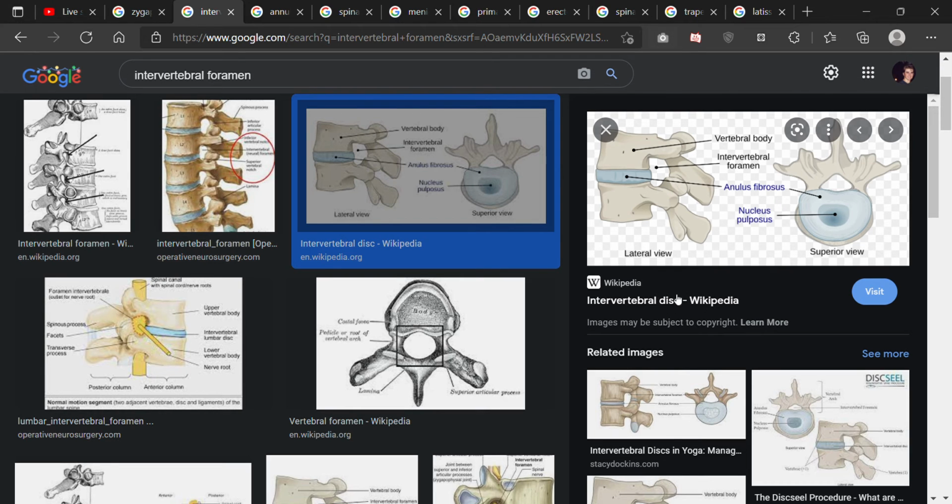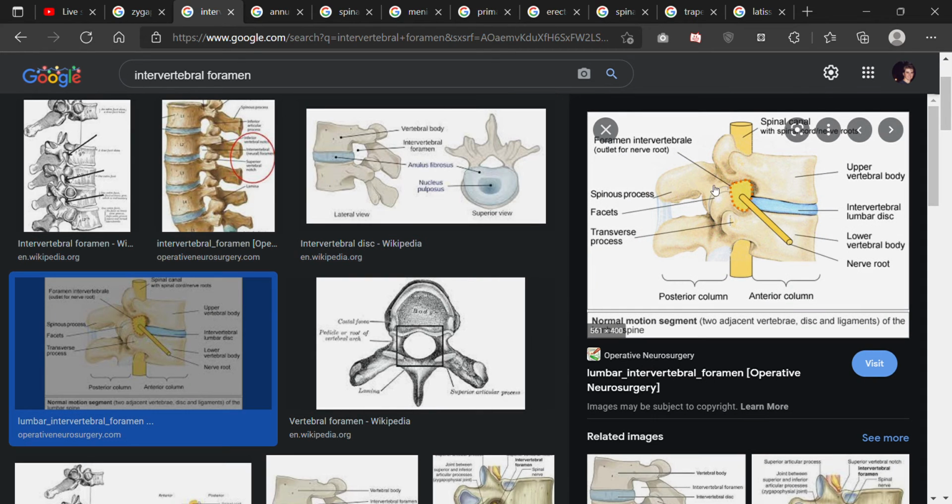The spinal cord runs up and down, and the intervertebral foramen is where the spinal nerves branch out, like you can see here, running transverse, or perpendicular, to the spinal cord.